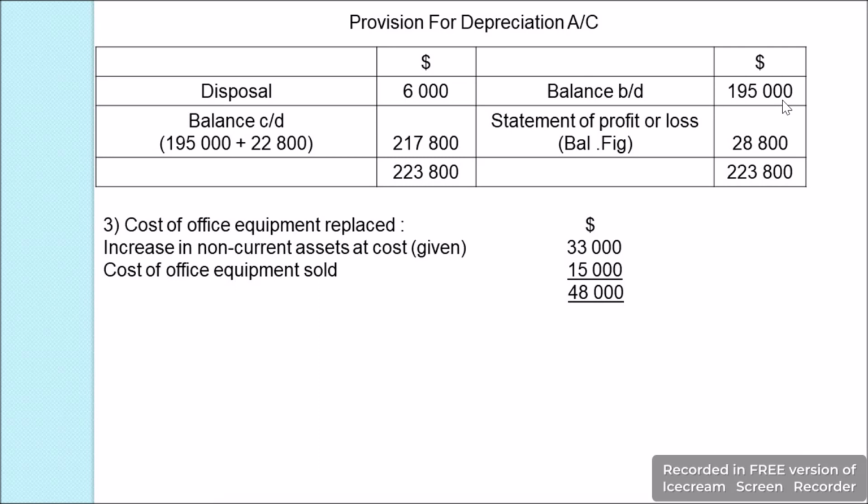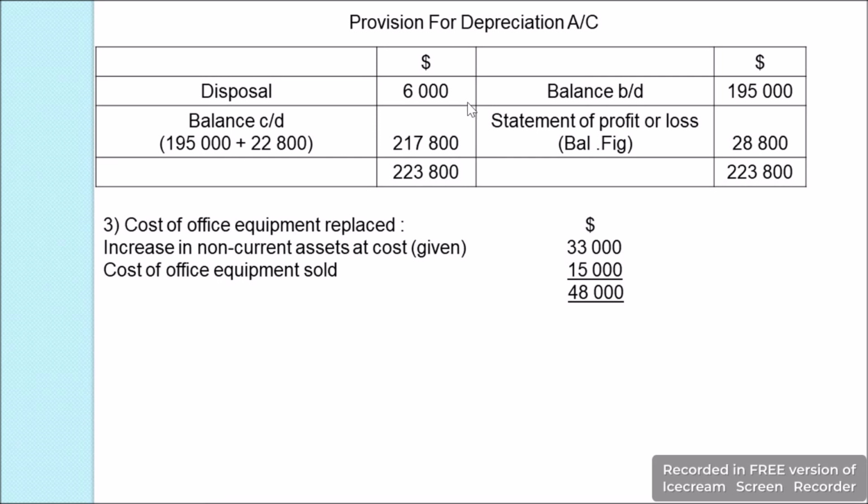So when we want to subtract something from the credit side, we write it on the debit side as disposal $6,000. Furthermore, it was given in the information that there was an increase in the provision of depreciation by $22,800. So the opening balance, which is $195,000 plus $22,800, will be $217,800, which will be the closing balance of the provision for depreciation.